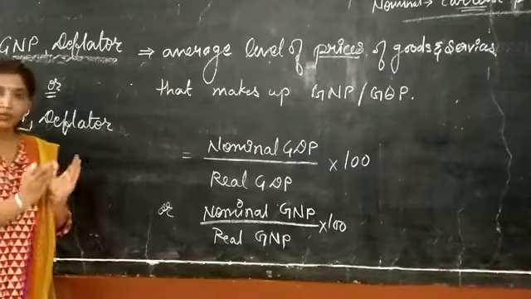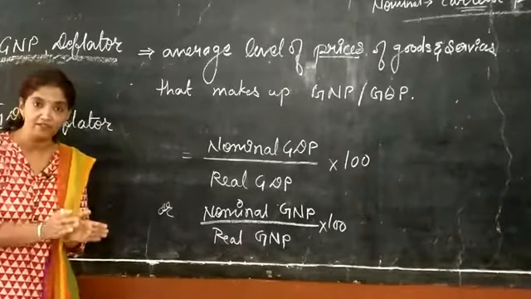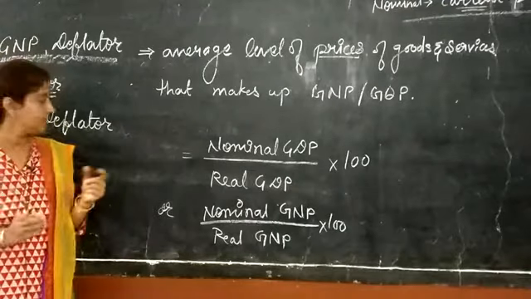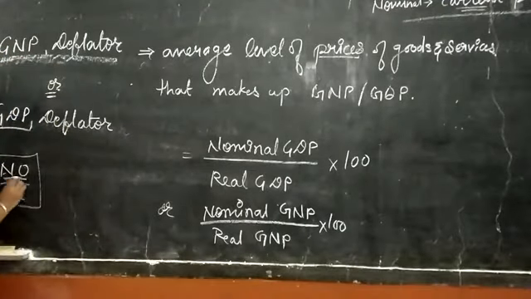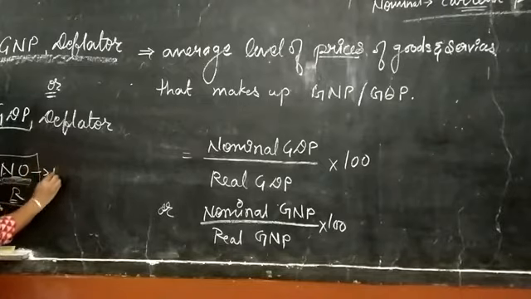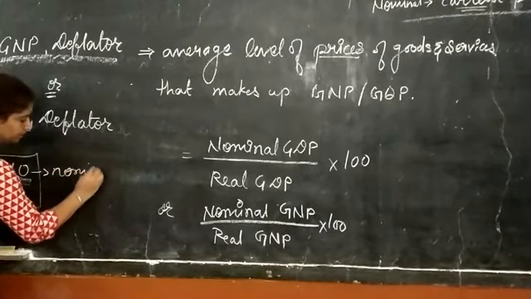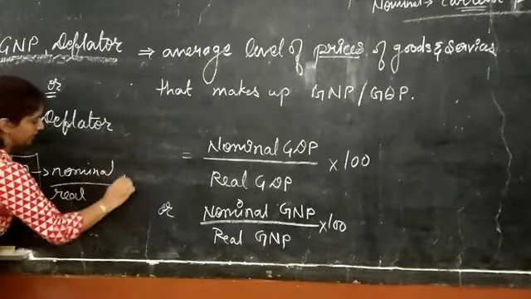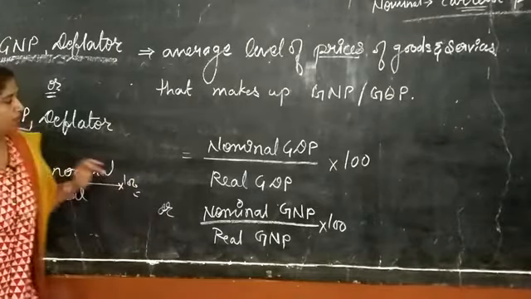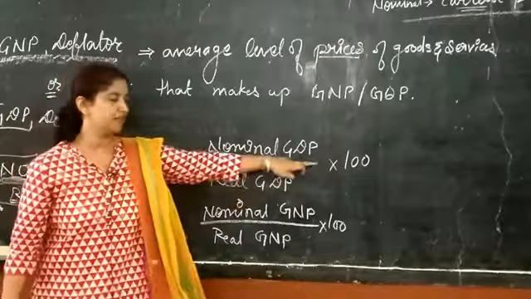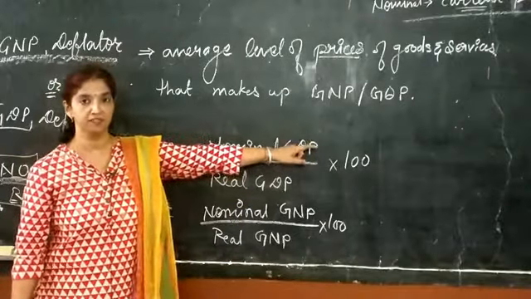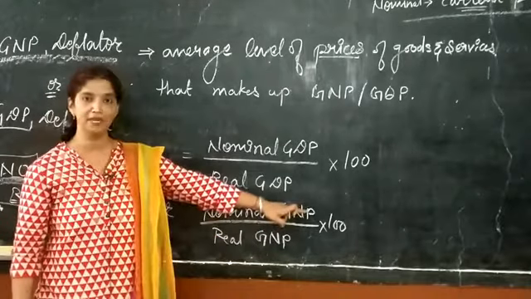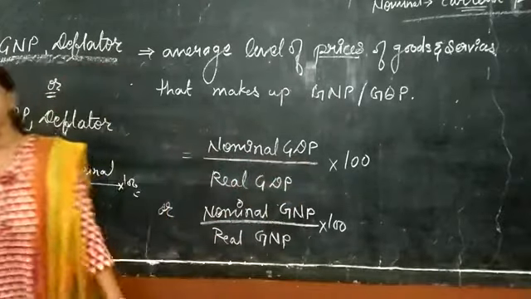The formula to calculate it is NOR: N is for nominal, R for real, multiplied by 100. Nominal GDP divided by real GDP into 100 gives GDP deflator. Nominal GNP divided by real GNP multiplied by 100 gives you the GNP deflator.